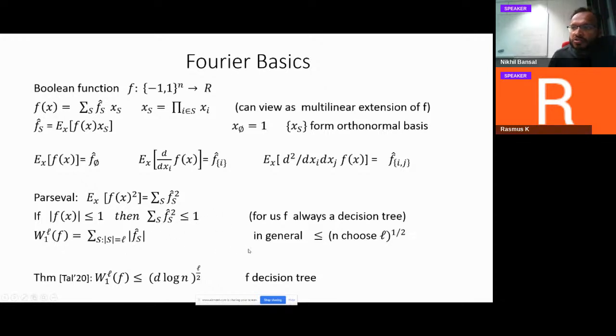So just by Cauchy-Schwarz, the L1 norm cannot exceed this. What Tal is showing is a much more refined bound compared to this naive bound, roughly d to the L over 2 as opposed to roughly n to the L over 2, if f is coming from a decision tree of depth d. In this sense, functions coming from a decision tree are a bit limited.